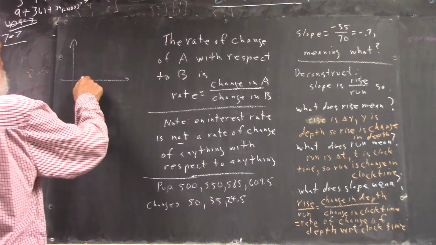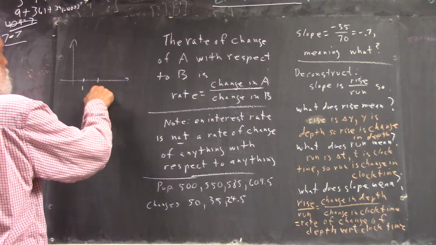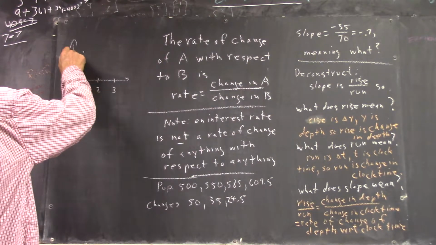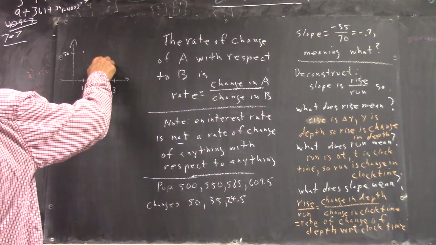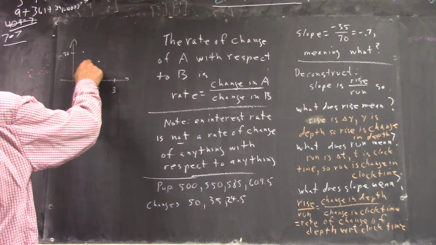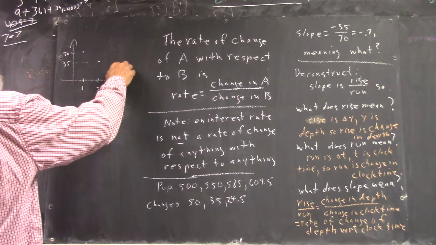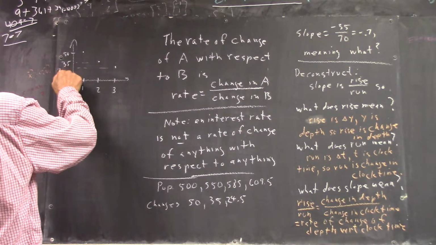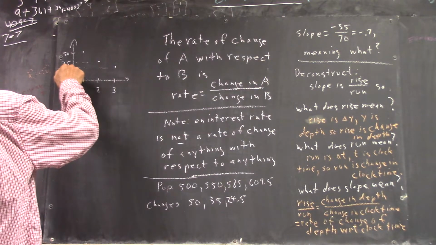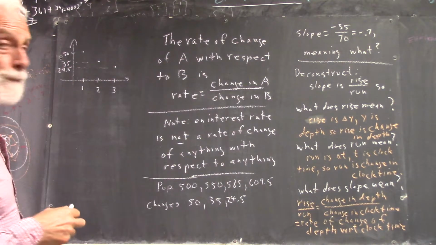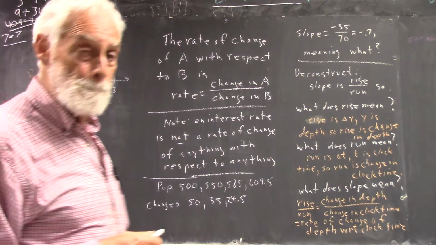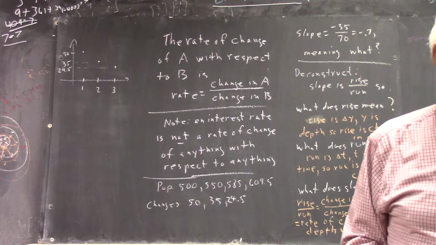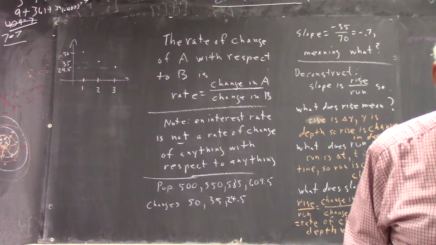During the first, second, and third transition, the changes are 50, 35, 24.5. Okay? And the problem asks you then to pick 2 points on that graph and do the exponential.